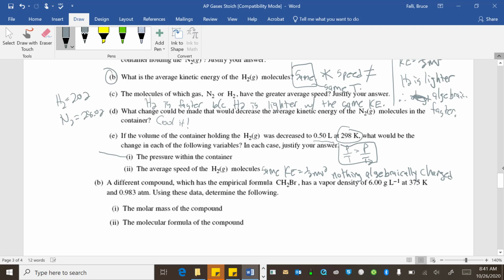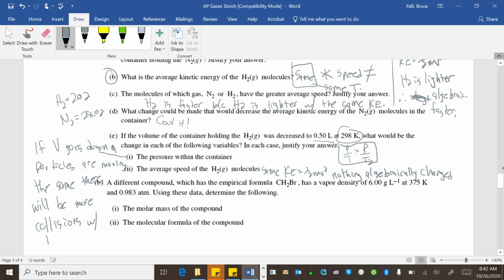So the volume of the container holding this was decreased. If I were to give it to you in words, if volume goes down and particles are moving the same, there will be more collisions with the container, increasing pressure.